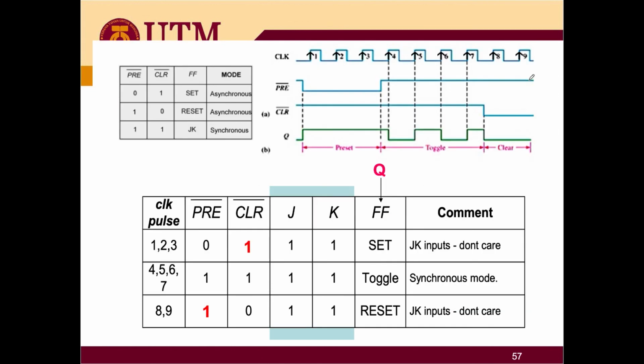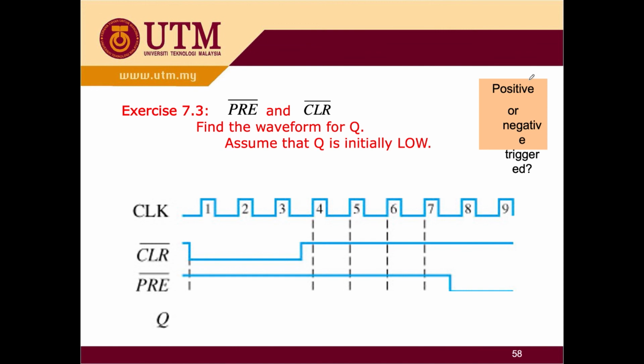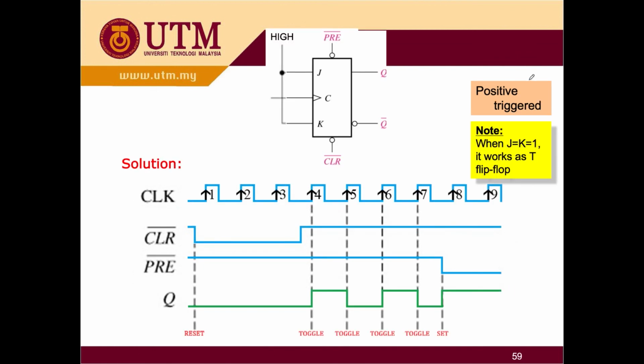So this one is, yes, what happened. This one is the explanation, and you can see there is an exercise, so you can try to do it also. It asks you about positive or negative edge.